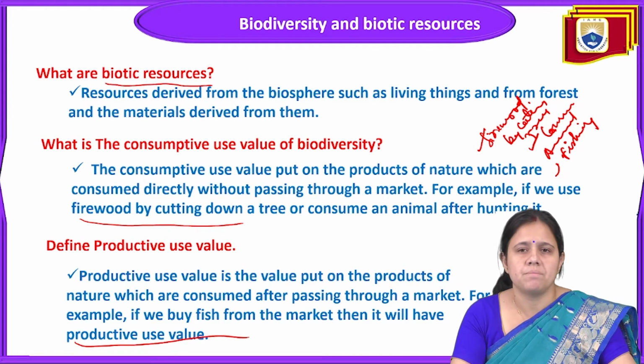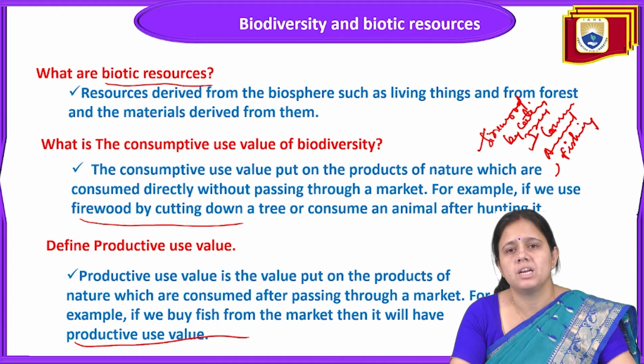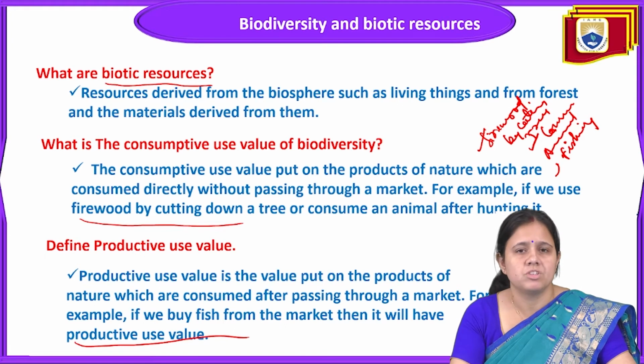And that type of value is divided into two categories. First one is consumptive use value, and second one is productive use value. Productive use value is related to the use of the product which is consumed after passing through the market. Its example is, if we buy fish from the market, then it has productive use value. Like that, consumptive use value is if you are consuming the product directly without passing through the market.